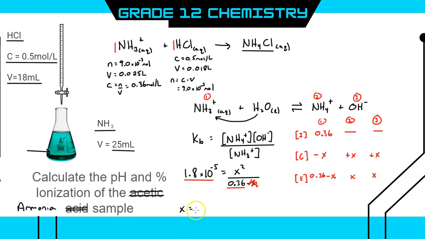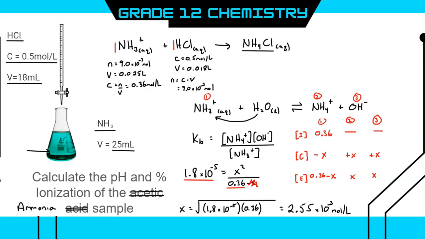X is going to be the square root of 1.8 times 10 to the minus 5 times 0.36, which gives us 2.55 times 10 to the minus 3 moles per liter.